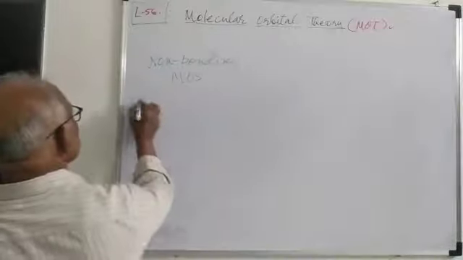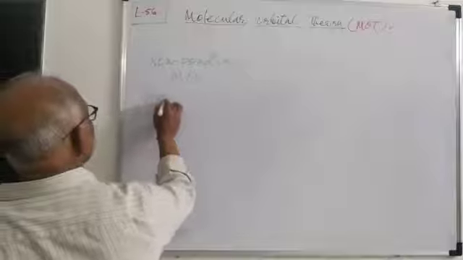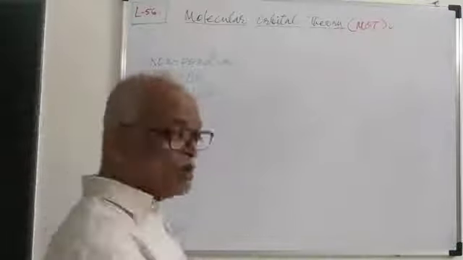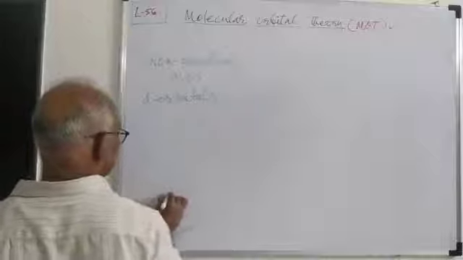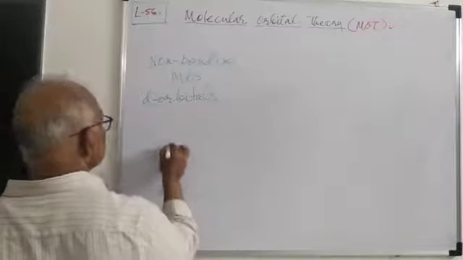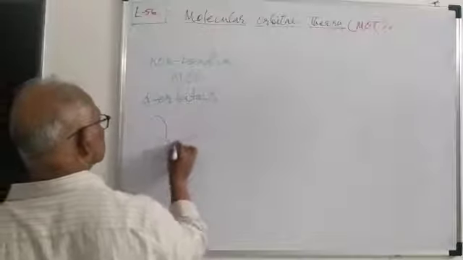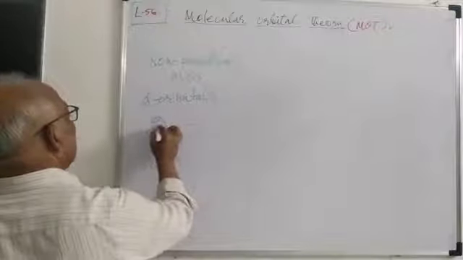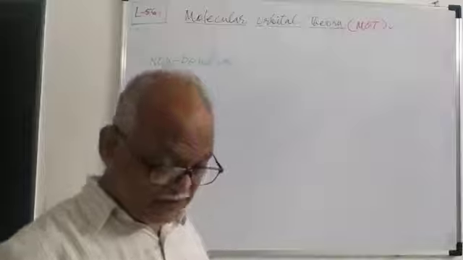Similarly, in the case of d orbitals, some of them are also of non-bonding nature. For example, dyz. These have lobes like this. These are the lobes, and these say have negative signs of wave function.